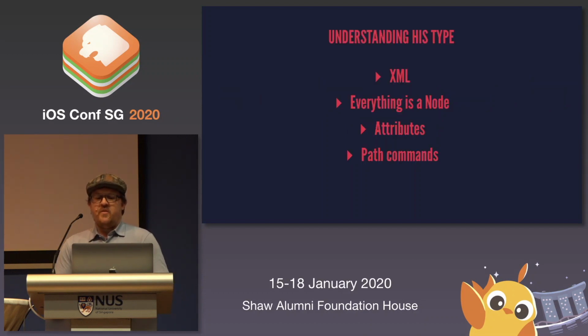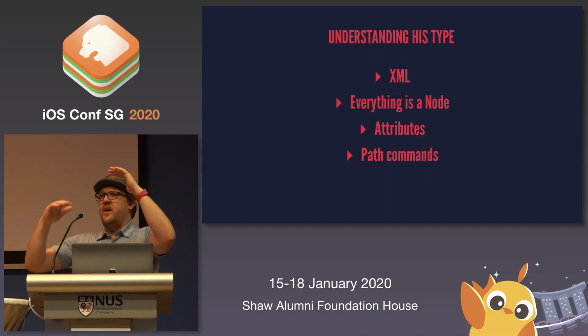Now, SVG, in order to understand it, we need to understand its type. SVG is an XML file. It is defined using that. With XML, everything is very much an element.